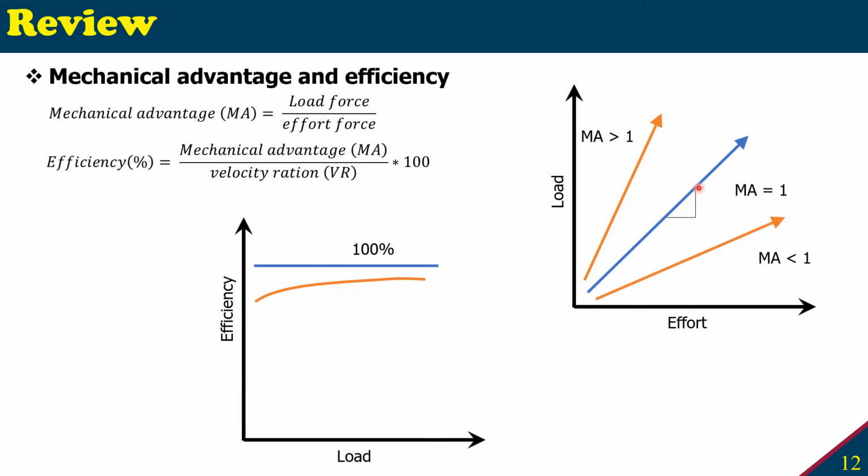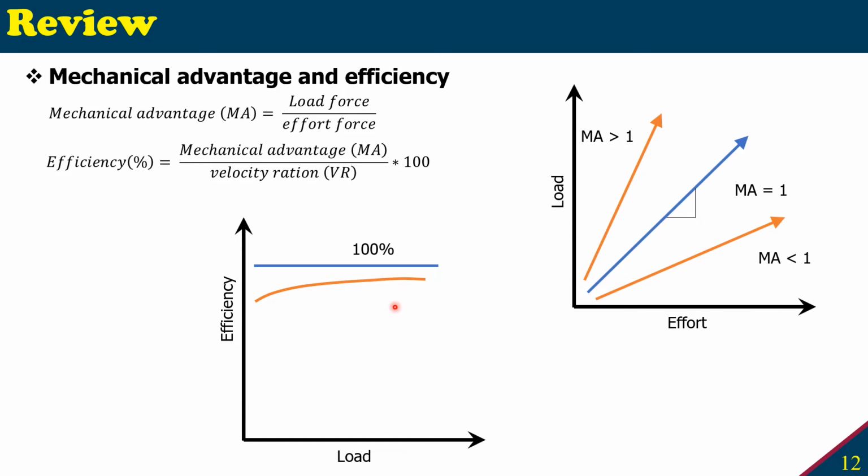Now the efficiency is the ratio of the mechanical advantage over the velocity ratio. Ideally it would be 100 percent, but in real life you'll see the efficiency changes. It starts a little lower, then goes a little higher, then plateaus.